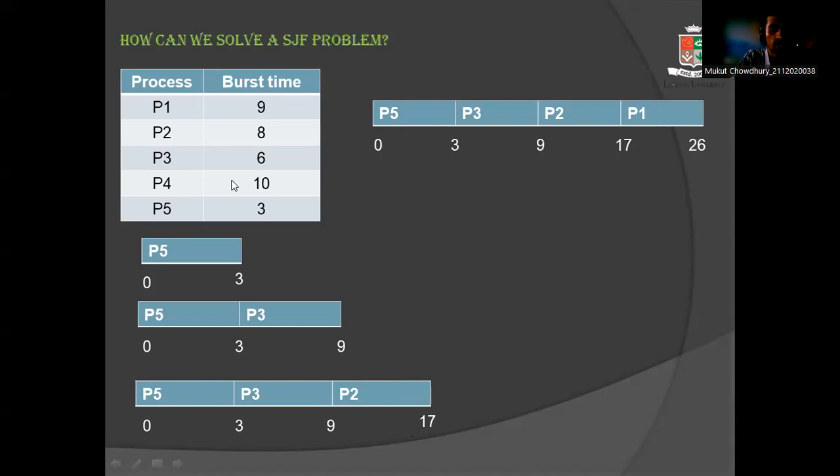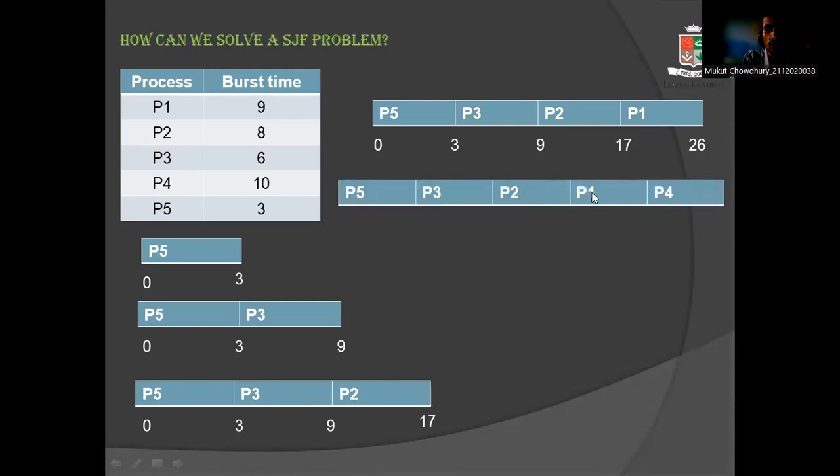After P1, only one process remains, and it will come and do its job. So after P1, P4 comes and starts doing its job. The start point of P4 will be 26, and 26 plus 10 is 36, so 36 is the end point of P4.